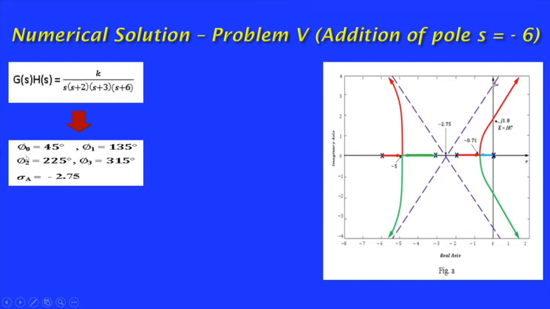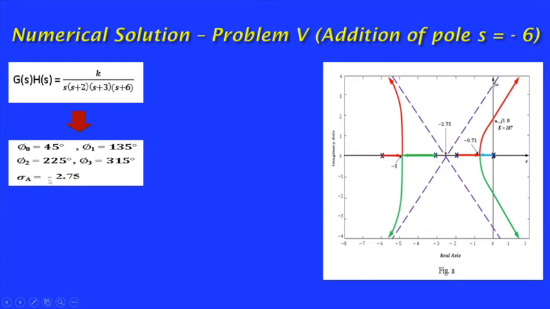When Q equal to 0, then phi 0 equal to 45. When Q equal to 2, then phi 2 equal to 225 degree. When Q equal to 3, then phi 3 equal to 315 degree. Then find the centroid of asymptote.